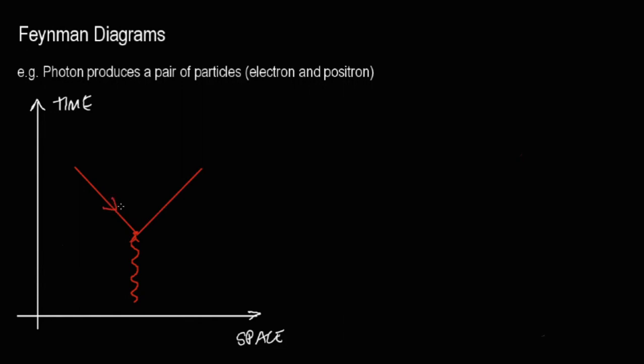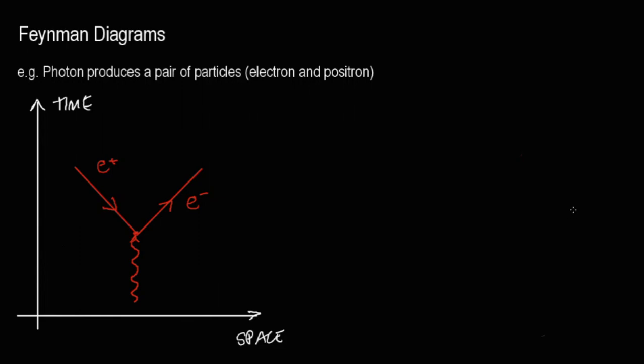One will be drawn as going in and one will be drawn as going out. The one which is drawn going in is going against time. That should be our positron, our antiparticle. The other one, which is going positive on time, is our electron. So there you go, a particle pair production.